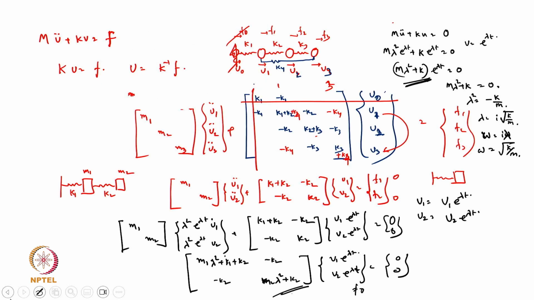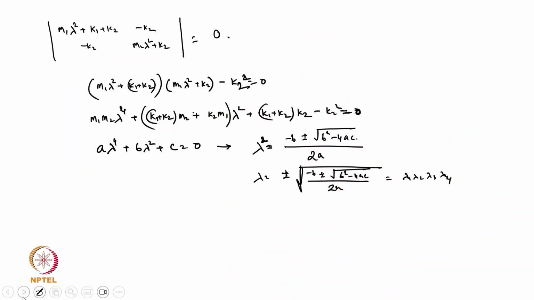If it makes sense, then let's see what we get. Then what we had assumed, that was our assumption: u1 equal to capital U1 into e to the power lambda t, and capital U2 into e to the power lambda t. Let's see. So your u1 will become capital U1.